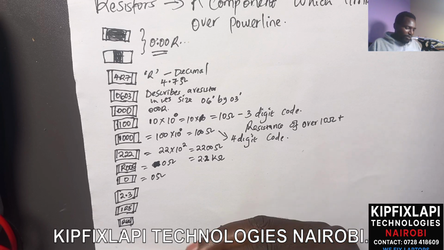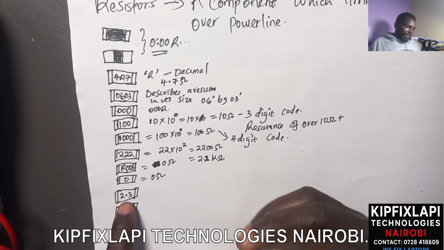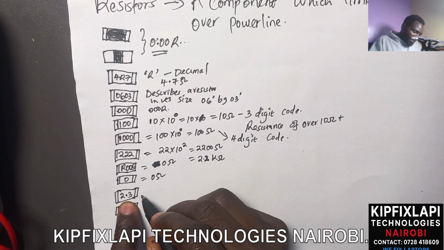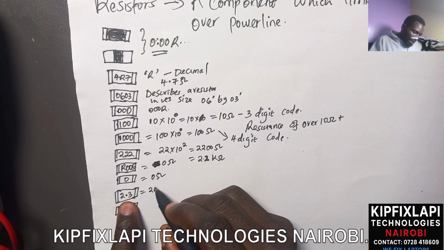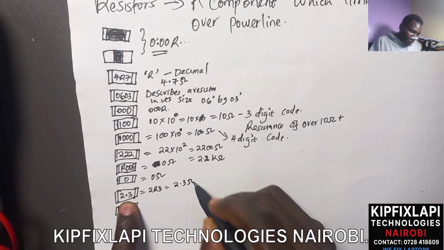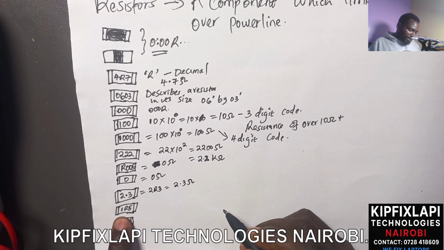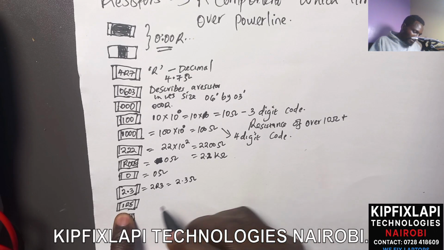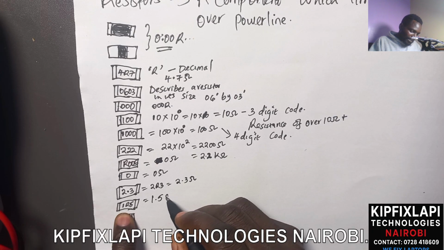So it will mean that is a 1 ohm resistance. 2.3 ohms, it's the same. This one is also written as 2R3, which is equivalent to 2.3 ohms. And this one, 1R5, of course, I know you know R represents the point, so that's 1.5 ohms.